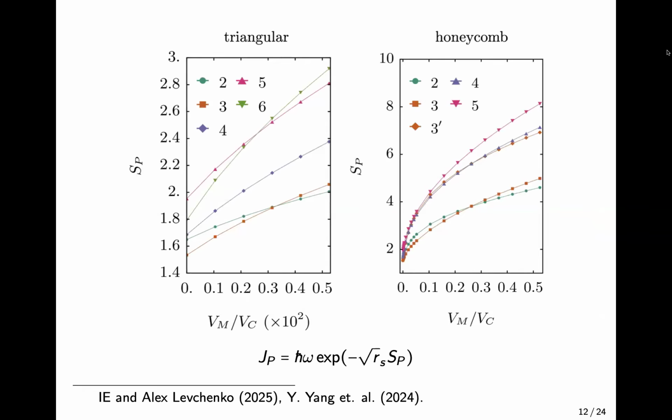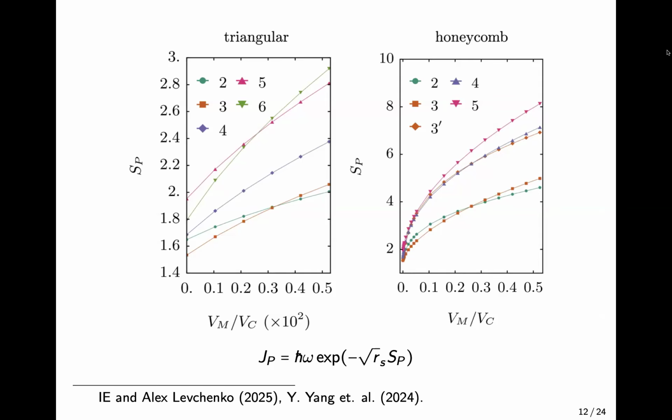So we can also look now at how these cartoons manifest in terms of the actions. This is a plot for the evolution of the actions as a function of the strength of the Moiré potential in the case of a triangular Moiré. Here I'm plotting the action as a function of the dimensionless ratio of the strength of the Moiré to the Coulomb energy. What you see, first of all, is that all the actions grow. The barriers to tunneling increase because the electrons don't want to move away from the Moiré potential minima.